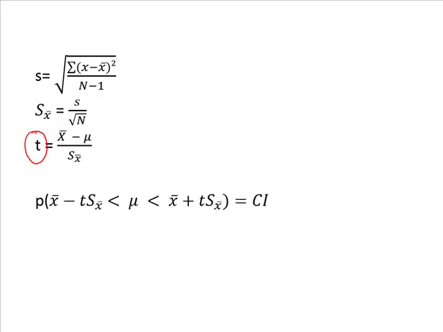Because all you're doing is subtracting your sample mean from what you think the population mean is and dividing that by the standard error. That's all it is. It's the same exact thing you do for z-scores. Same exact thing.